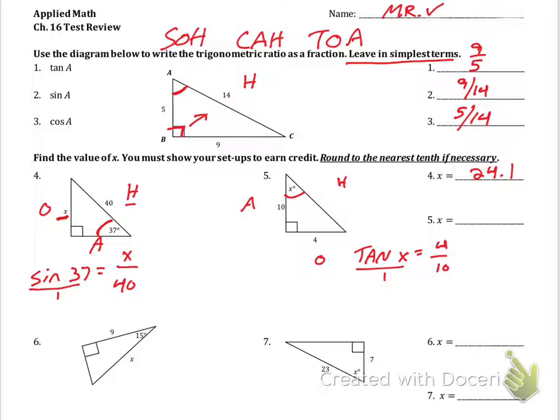So tan x is equal to 4 divided by 10. On this one, because we're looking for an angle, we're going to have to do tan negative 1. So let's back this up a step.